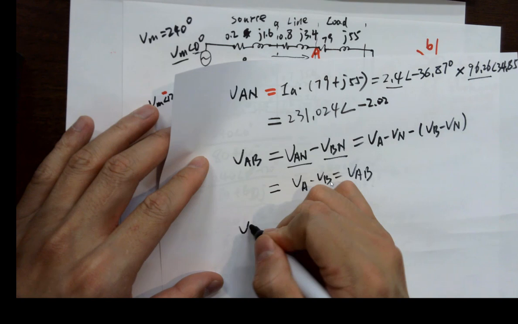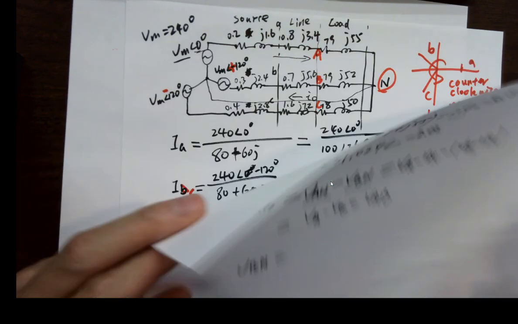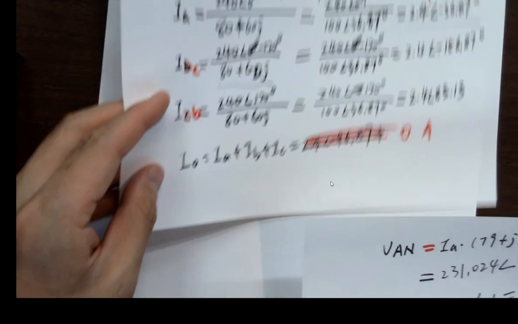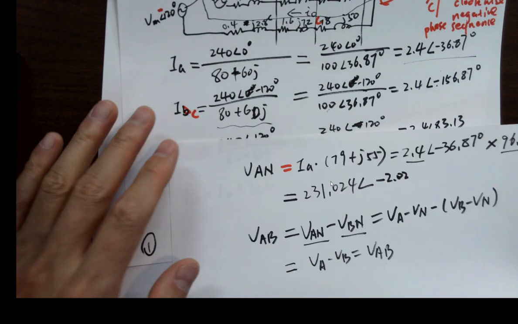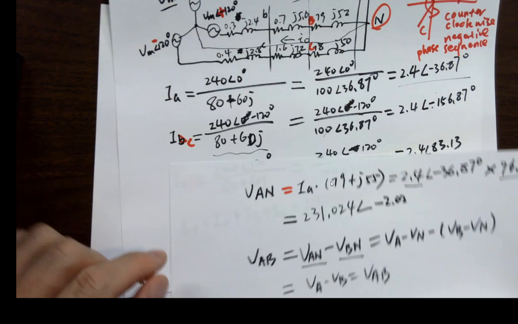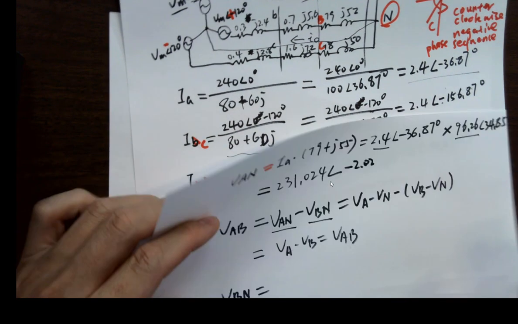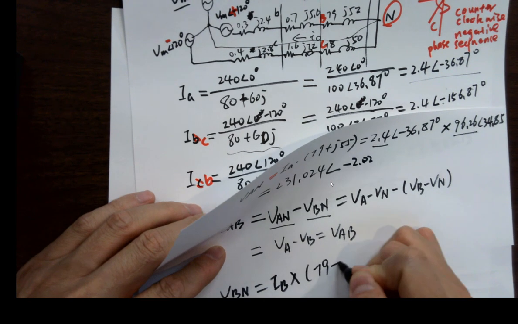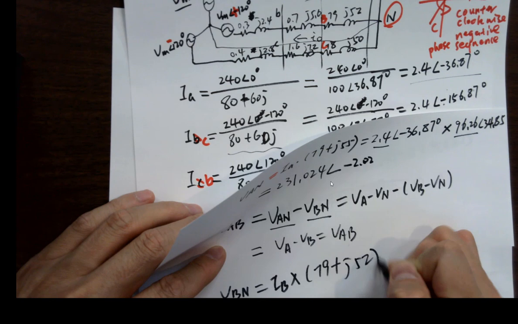VBN is IB times this impedance. IB is here. IB times 79 plus J52, okay?